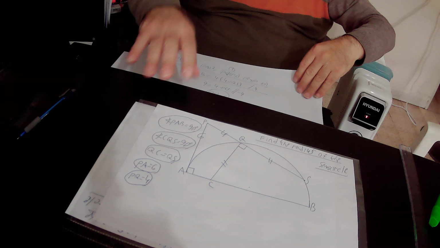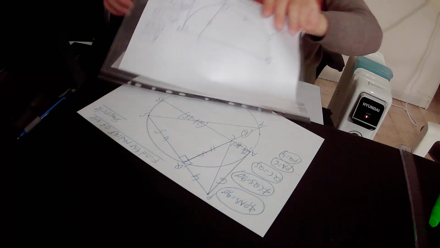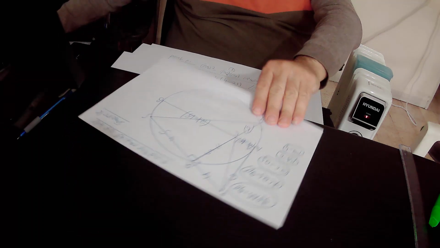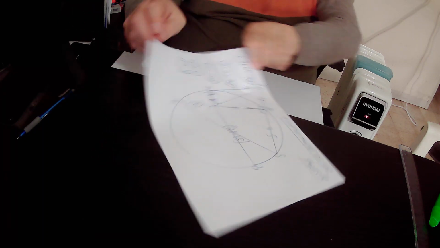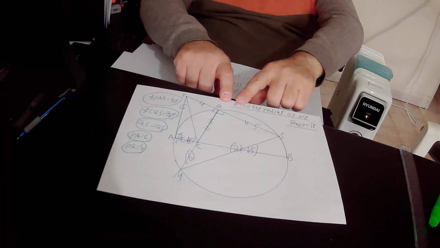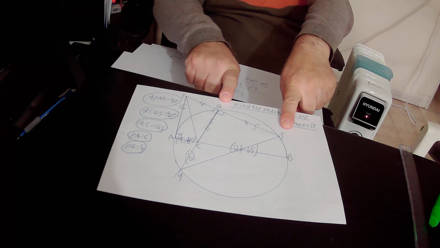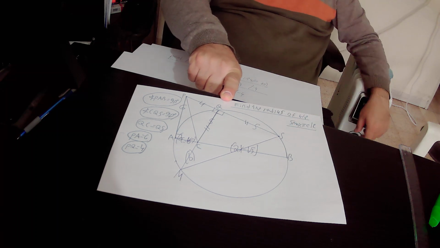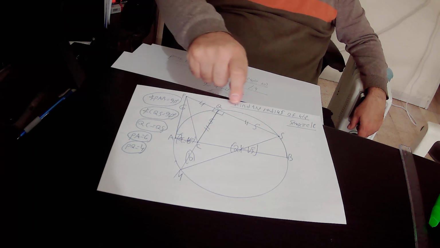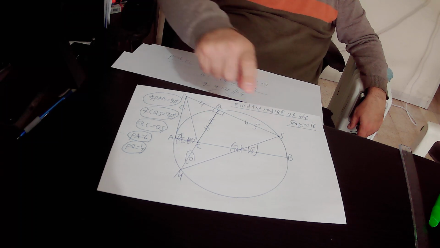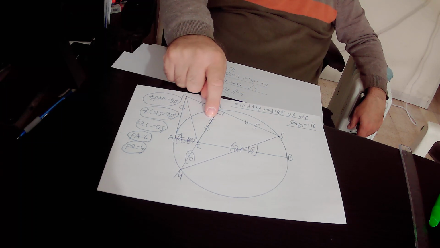So QS equals 5 units in length, but the question gives us that QS equals QC, and if QS is 5, then QC must also be 5 units in length.